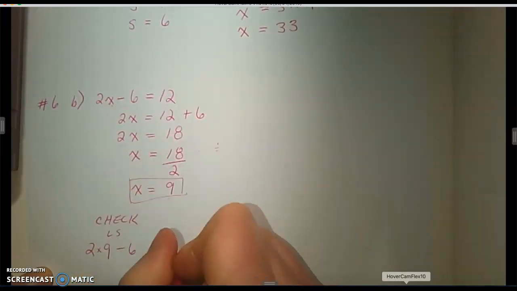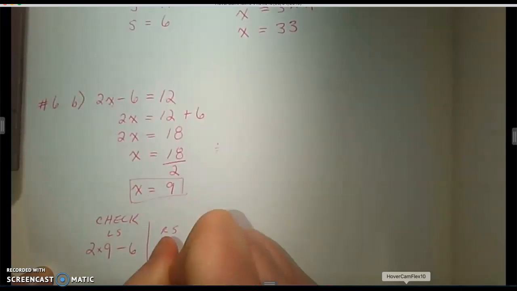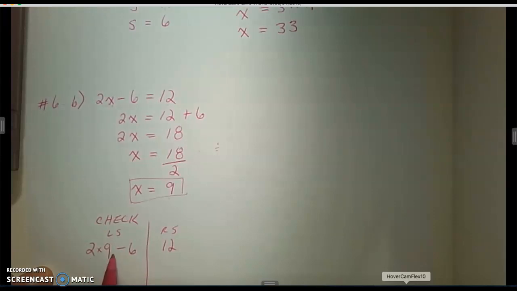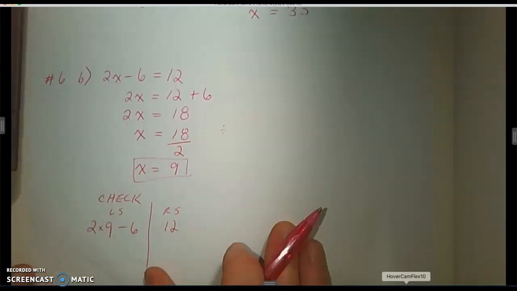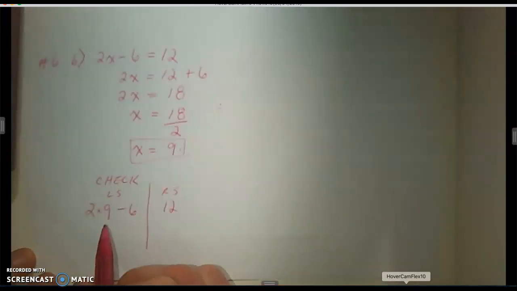Okay, and then the right side of my equation was just 12. And what I'm going to do is work through the math here and see if the answer I get is, in fact, 12. And that'll tell me that the solution, x equals 9, is correct.